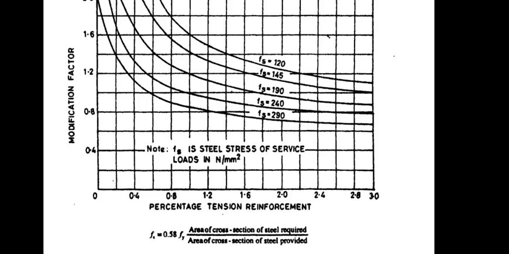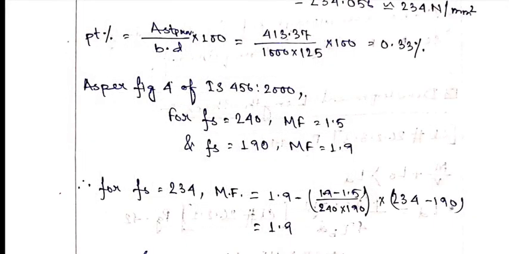So now we have these two values. From these values we have to find out the value of modification factor for Fs 234. So in your screen now you can see, whatever our findings as per figure number 4 of IS 456-2000, for Fs 240 modification factor is 1.5 and for Fs 190 modification factor is 1.9.